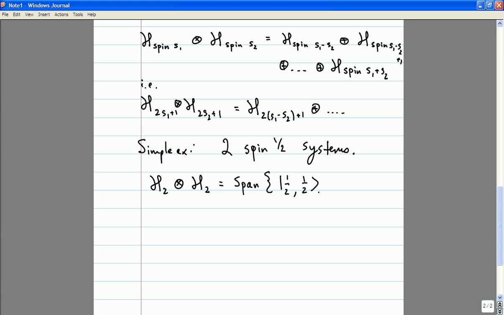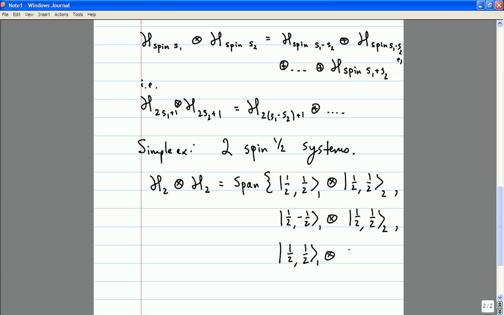So one state where the first electron is spin up, and the second electron is spin up. The second state where the first electron is spin down, and the second electron is spin up. A third state where the first electron is spin up, and the second is spin down.